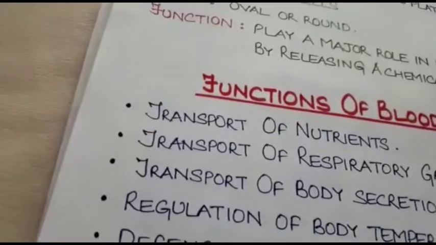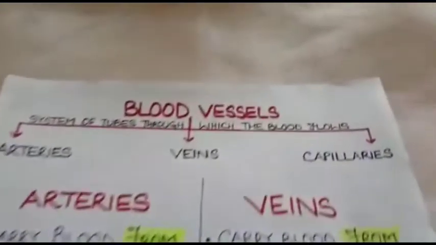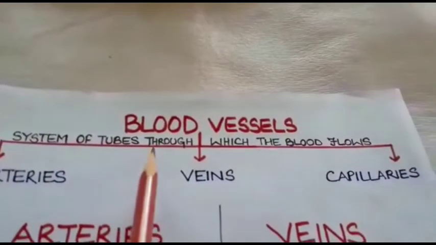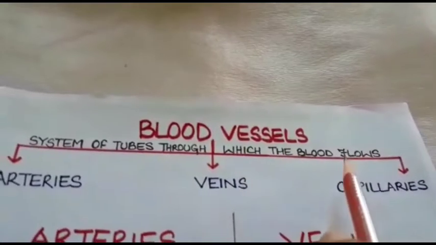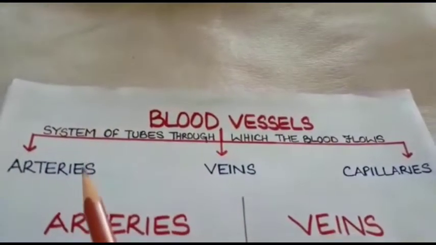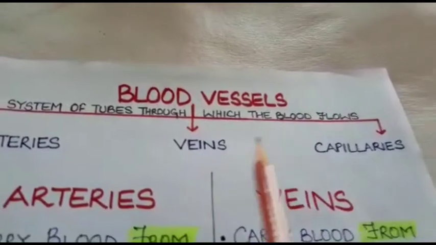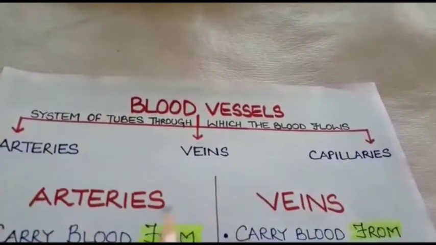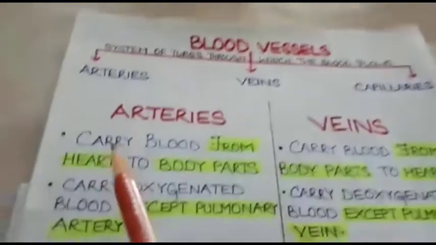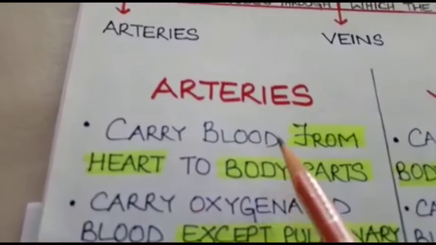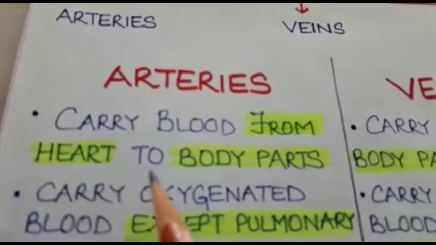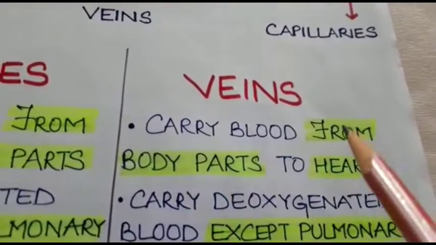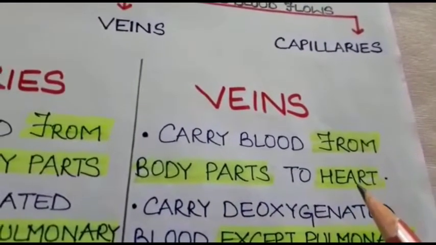The next topic is blood vessels. Students, blood vessels is a system of tubes through which the blood flows. There are three types of blood vessels: arteries, veins and capillaries. Let us see the features and the characteristics of these blood vessels. Arteries carry blood from heart to body parts, and veins carry blood from body parts to heart.